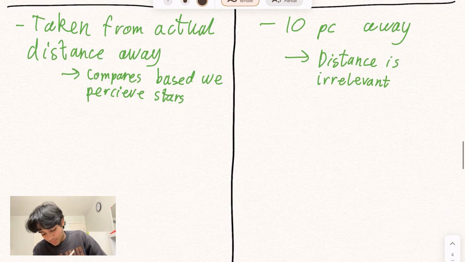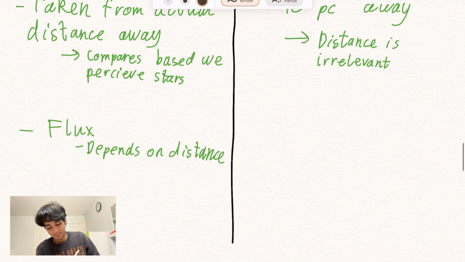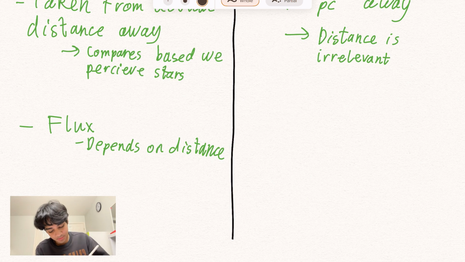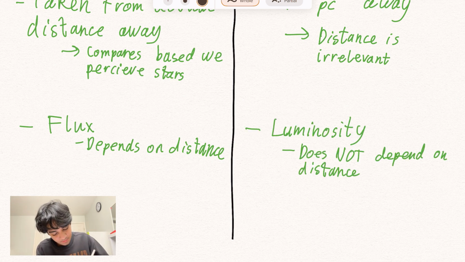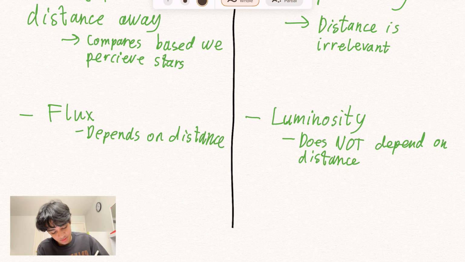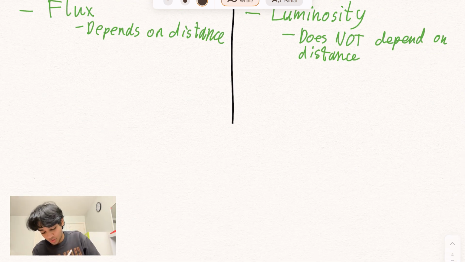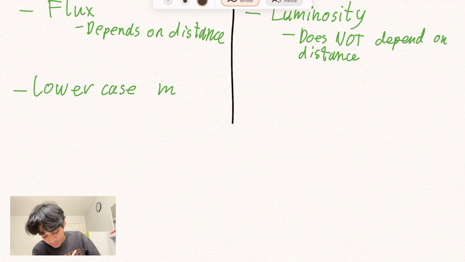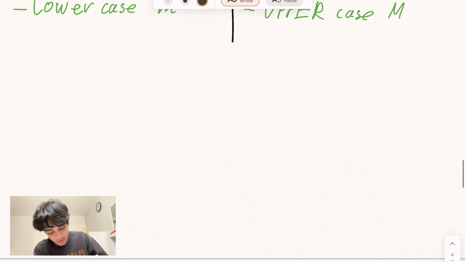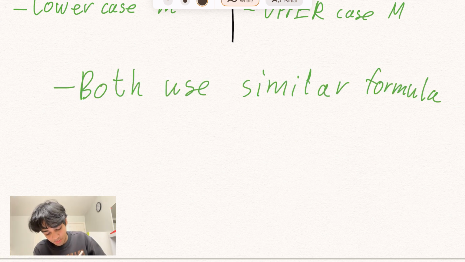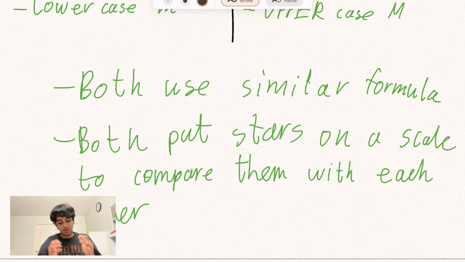Now in the formula, apparent magnitude takes flux, which depends on distance, and the absolute magnitude formula depends on luminosity, and this one does not depend on distance. As convention, we would use lowercase m for apparent magnitude, and for absolute magnitude, we use uppercase M. Now for what they have in common, both use a similar formula, and both put stars on a scale to compare them with each other.